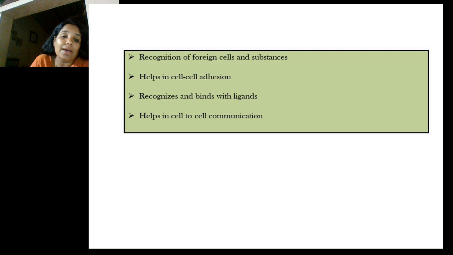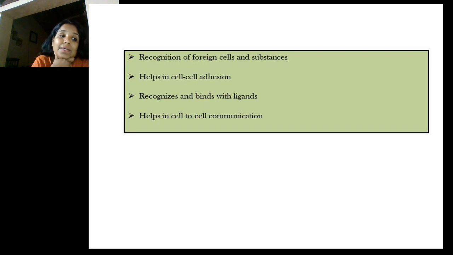This cell-to-cell communication is made possible by the binding of ligands to the receptors present in plasma membrane. One example for this is hormones. We will take the example of insulin.